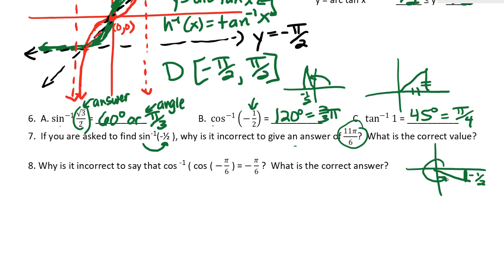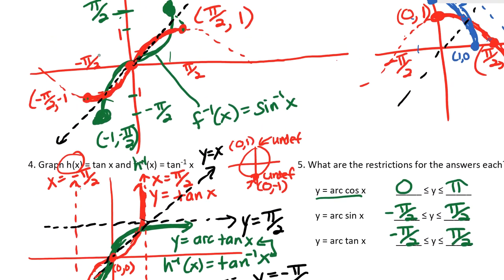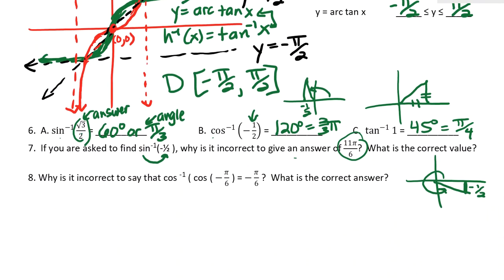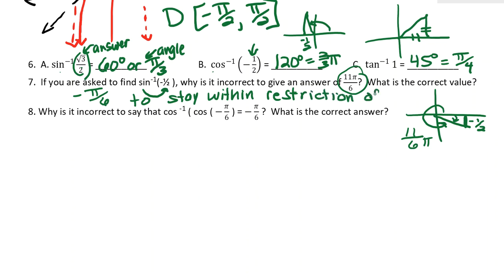But remember our graph of inverse sine only went from negative pi over 2 to positive pi over 2. So it's just a matter of renaming it. Instead of calling it 11/6 pi, we're going to rotate backwards. So we have to call this negative pi over 6 to stay within the restriction of negative pi over 2 to positive pi over 2.